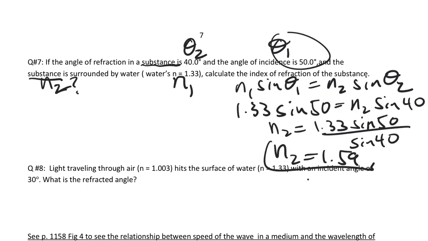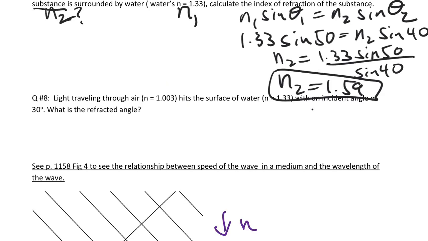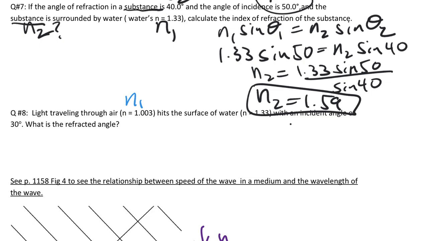No unit. Okay, this next problem. Light travels through air, so I'm going to call that N1. It hits the surface of water, so I'm going to call that 1.33, N2, with an incident angle. Okay, that's theta 1.